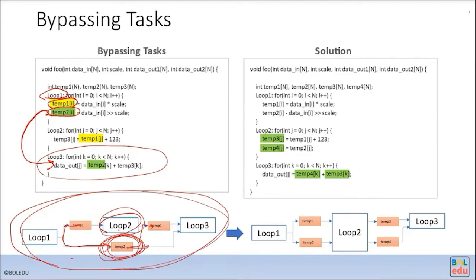To balance the latency, you have temp2 also go to loop 2, and in loop 2 you simply bypass it, and make sure temp1 to temp3 and temp2 to temp4 have the same latency.